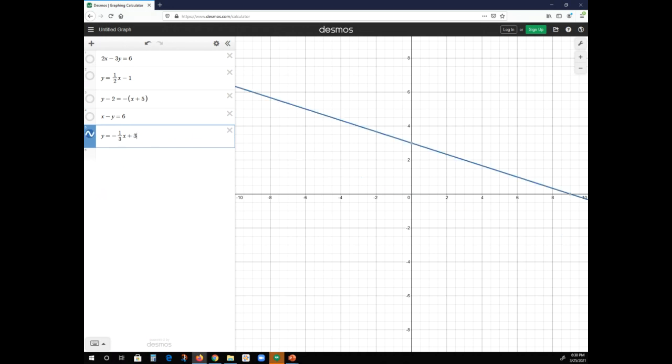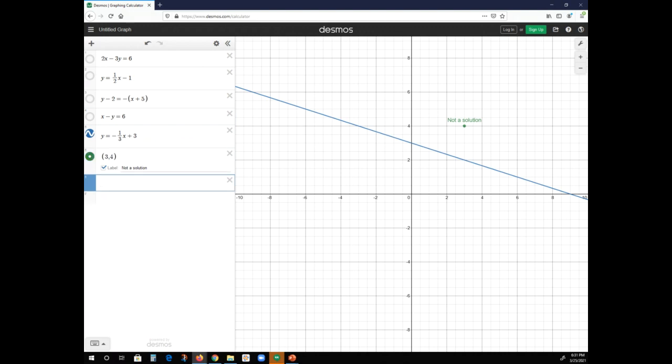So this is what our equation looks like. And our question was, is (3, 4) an ordered pair that is a solution? If I type that in, you can see that it is not on the line. That's why it's not a solution, because it's not actually on the line. Anything that's not on the line is not a solution. Points that are on the line are solutions. So I can even label this "not a solution." And that's what we found when we plugged it into the equation.